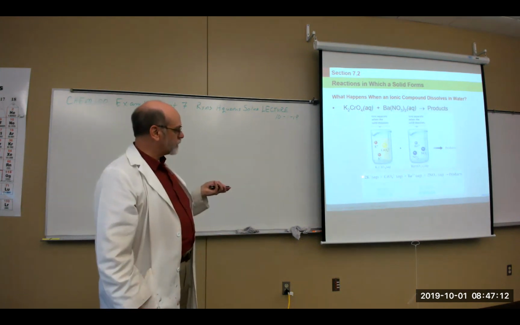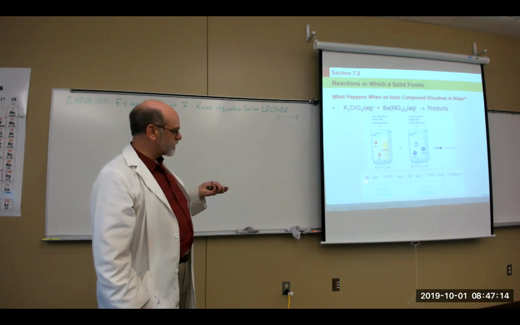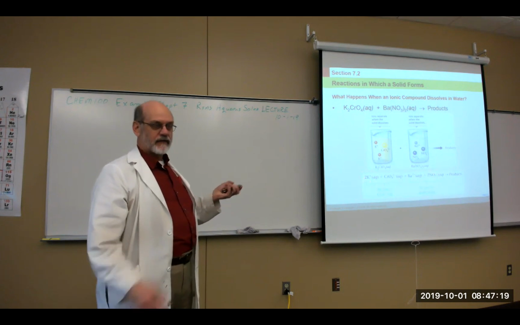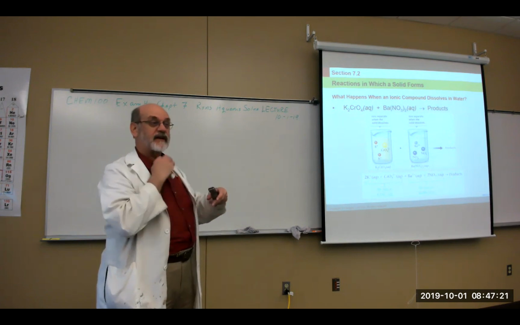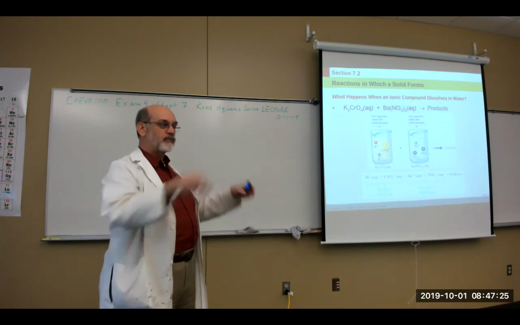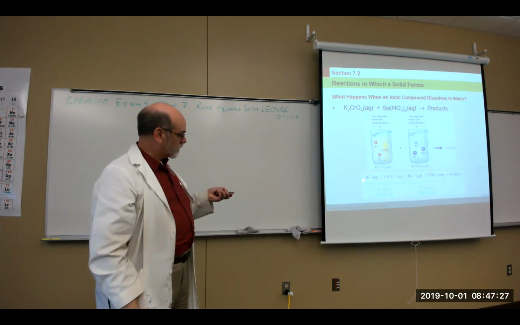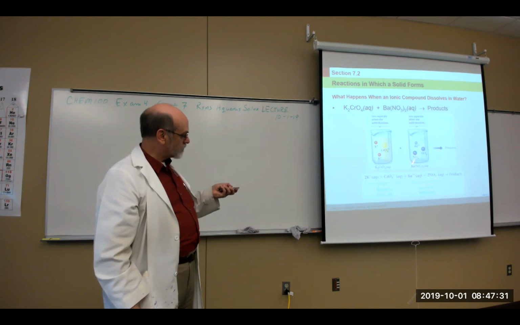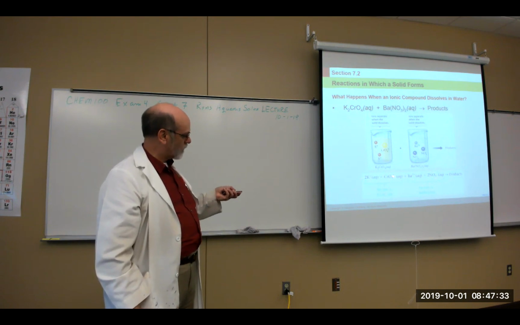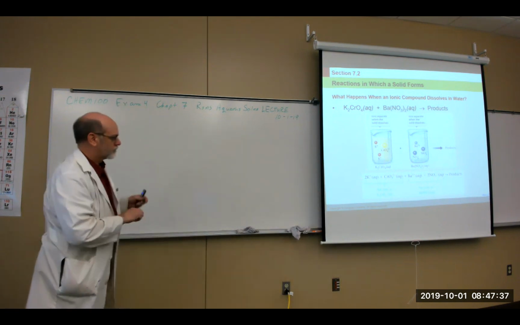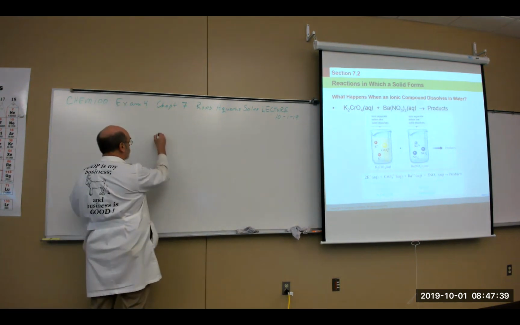So you have the opportunity for this positive to interact with that negative, now that they're put together. Before, they didn't have the opportunity because they were in separate vessels. But once you pour them together, this one can interact with that one, and then this one from that jar can interact with this one from that jar. So that's where you get a reaction we call a double replacement.